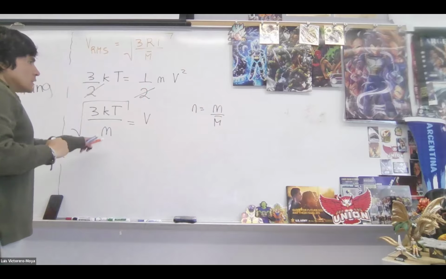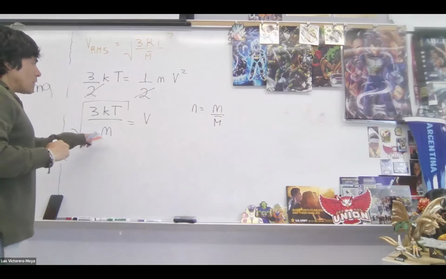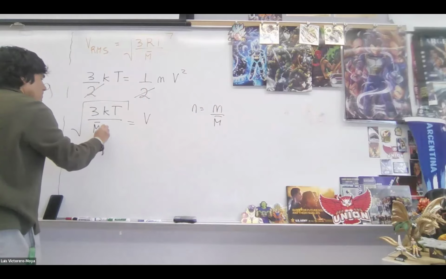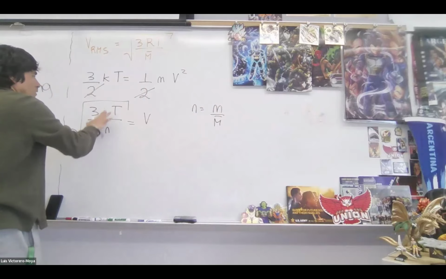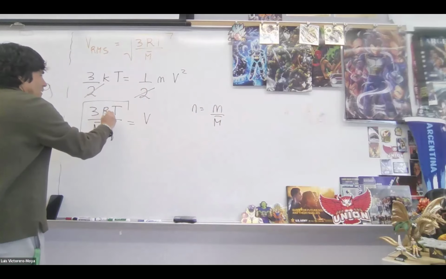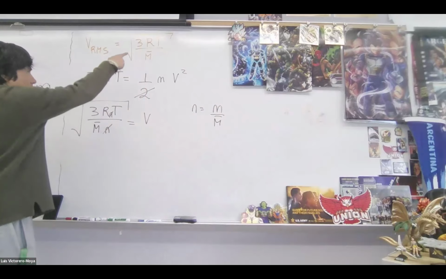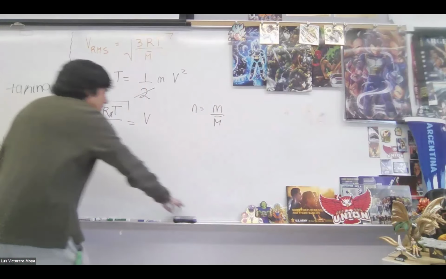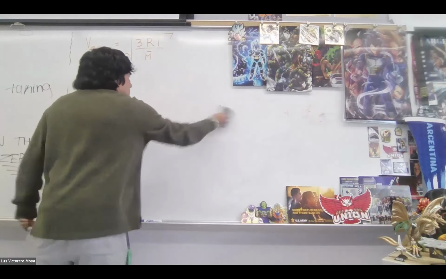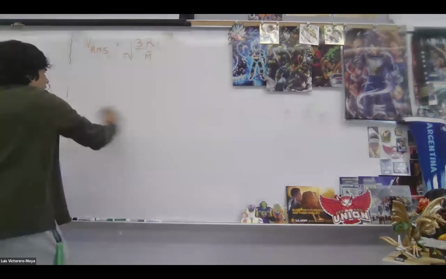Then you can replace m with molar mass times n, and you change the k to R, given the definition of the Boltzmann constant. Oh, R n, sorry. That's basically how this works. You can give it in terms of k if you want.